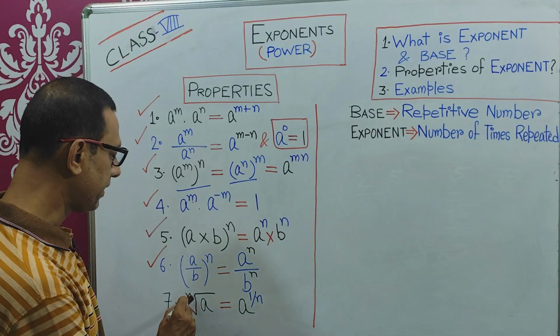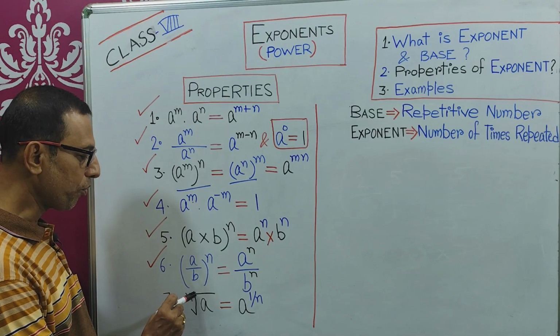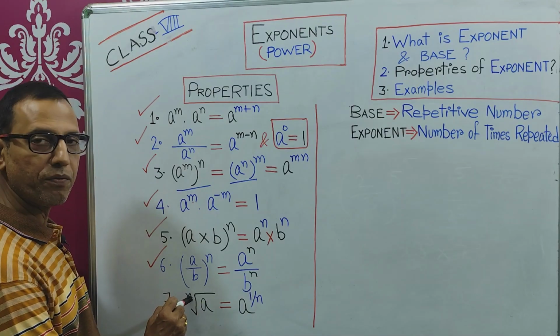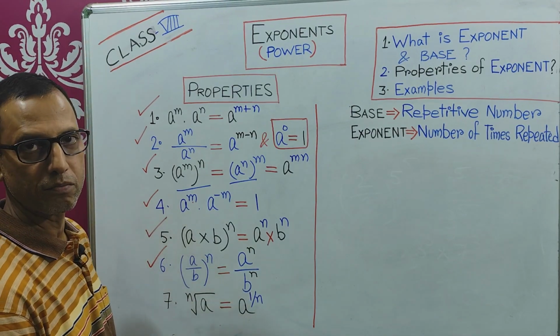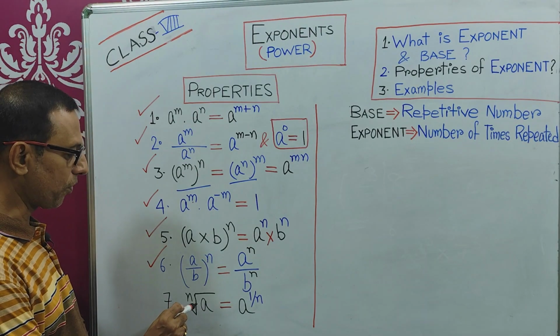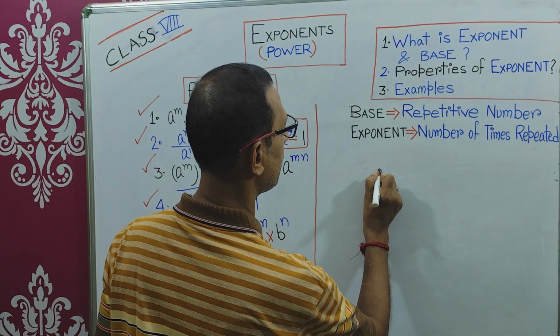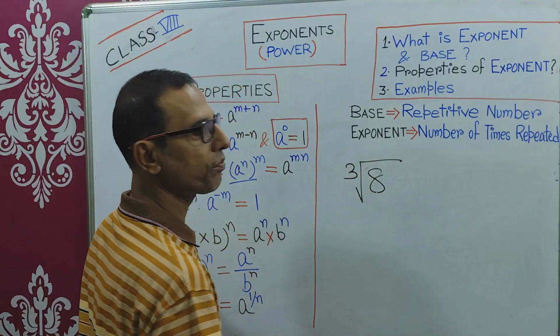If the power or exponent is before the root, you will take the reciprocal of that power. So nth root of a means a to the power 1 by n. Utilizing this formula, let's say I am asking, what is the value of cube root of 8?